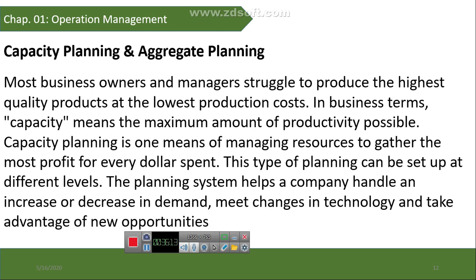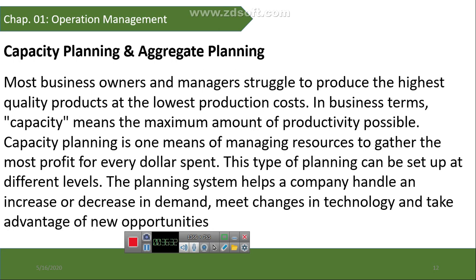Companies use aggregate planning to ensure they have time to carry out the production plan to meet the customer demand, smooth operation along the supply chain, and reduce production cost.